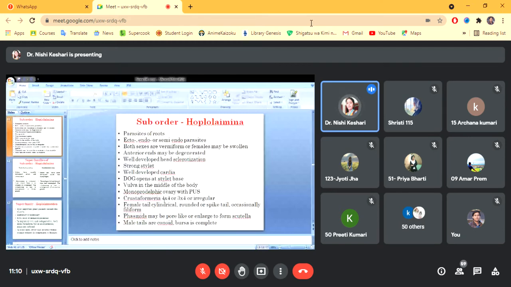Phasmids may be pore-like or enlarged to form scutella. This is also very important. One important characteristic is that the stylet knobs are very strong in Hoplolemina, and the other is that the phasmids are very large, called scutella. Male tails are conoid. I have told you that male tails are not round. It is conoid. Bursa is complete.